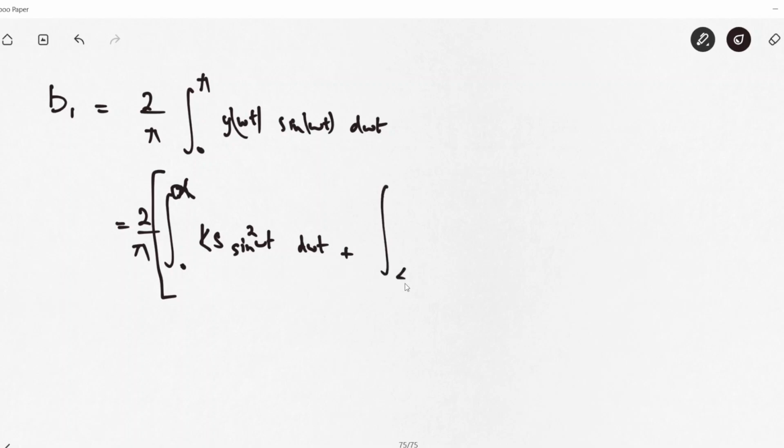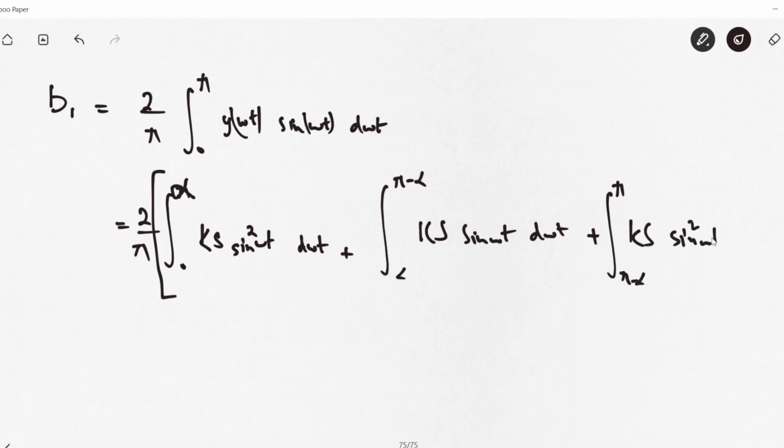plus alpha to pi minus alpha, it is only equal to ks sine omega t d omega t, plus pi minus alpha to pi, kx sine square omega t d omega t. So these are integrals here.